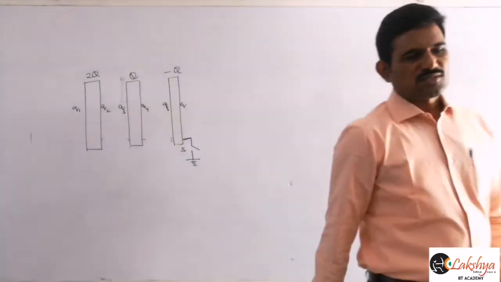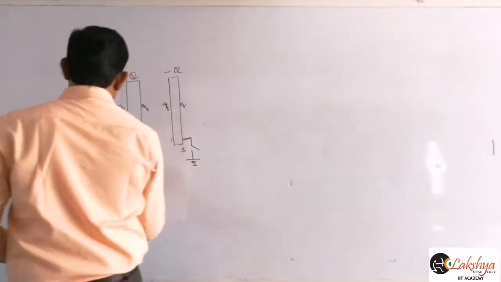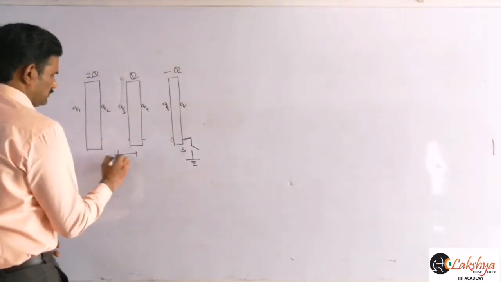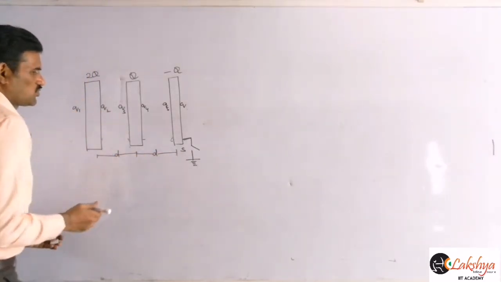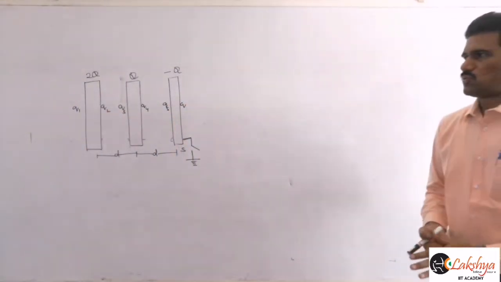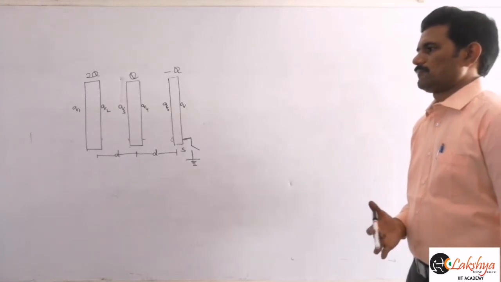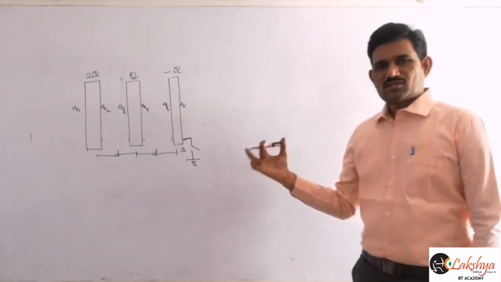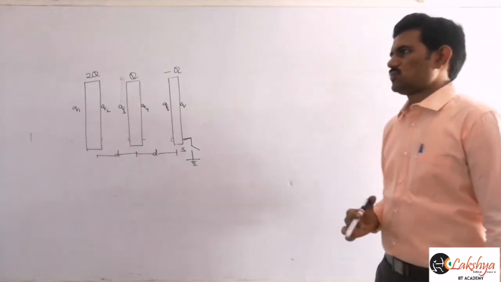Now write the next example. In the system shown in the figure, three identical plates are placed parallel to each other and are given charges 2Q, Q and minus Q as shown.